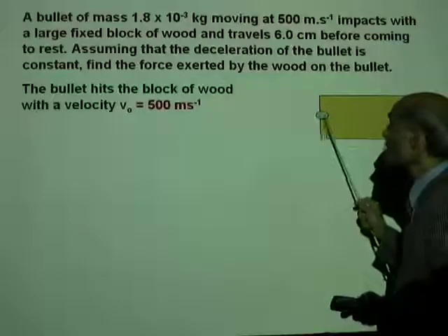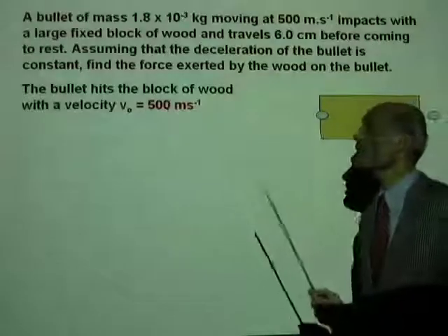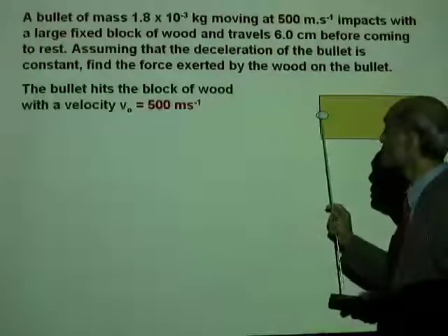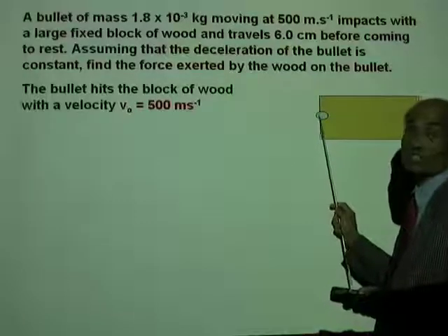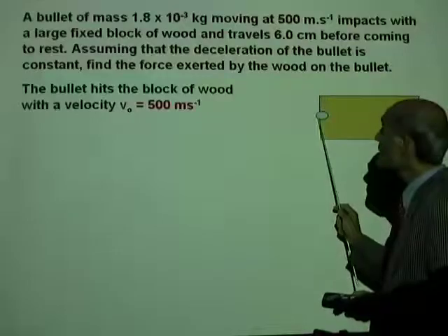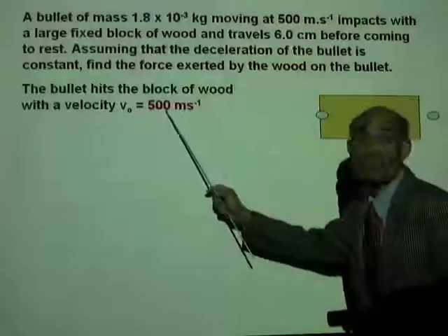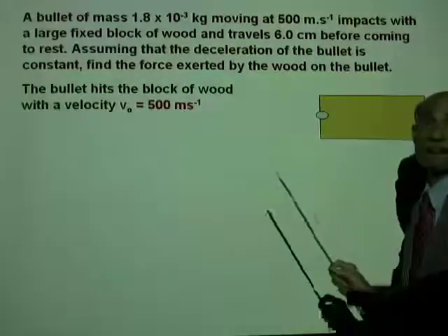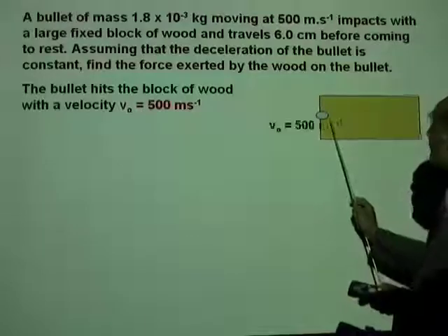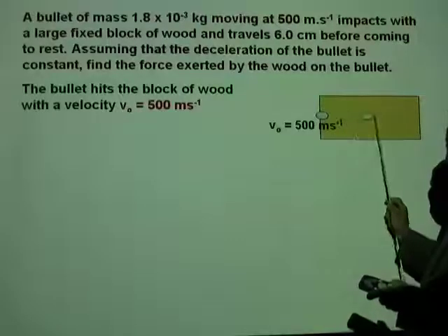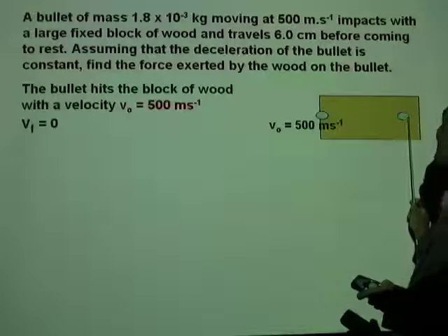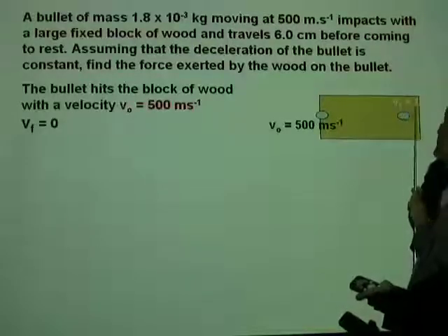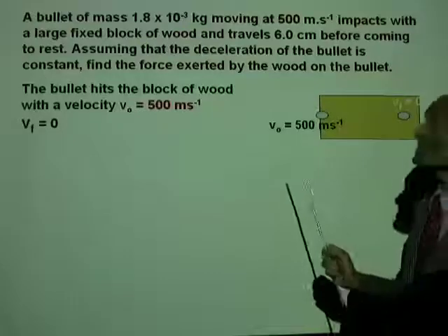The bullet came with a tremendous speed of 500 meter per second and hit the wood here. It is not stopped there. The moment it hits there, it has this velocity, V0 is 500 meter per second. And now it is going to go in and stop. Its velocity there is 0. The final velocity is 0.